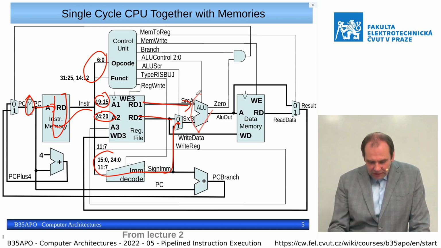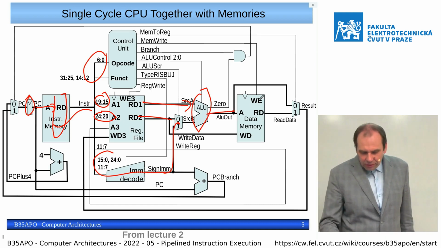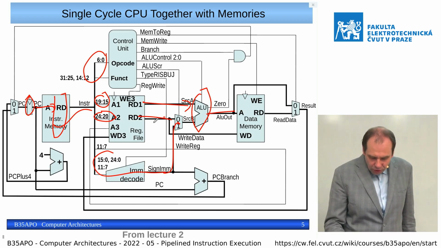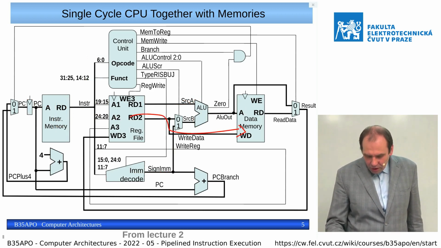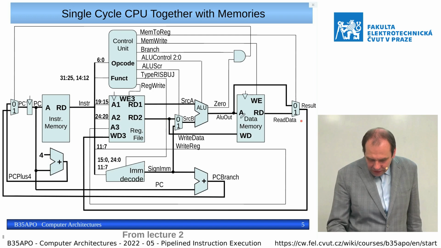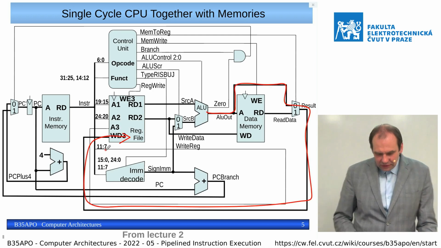Then we have the arithmetic logic unit. The output of the arithmetic logic unit can be used as an address to store the second source register as data to the memory, or the output can be used directly as the result of the operation and passed directly to the registers.